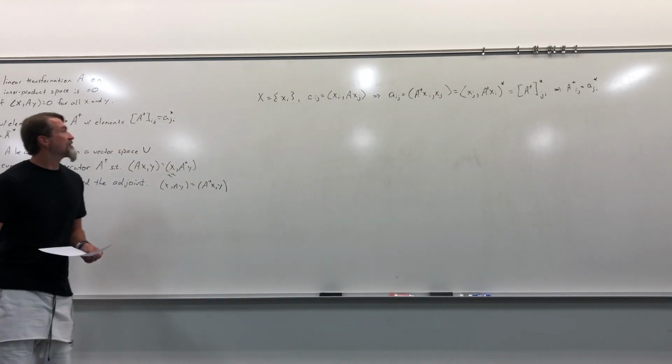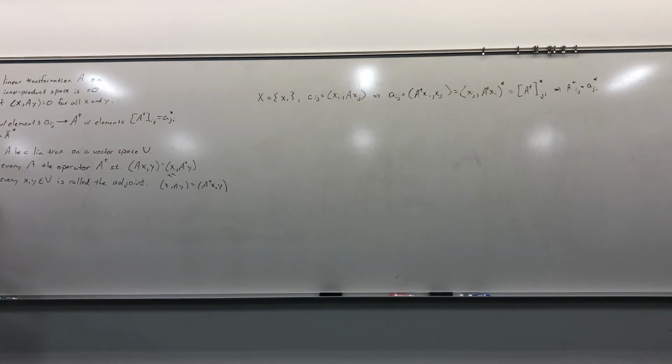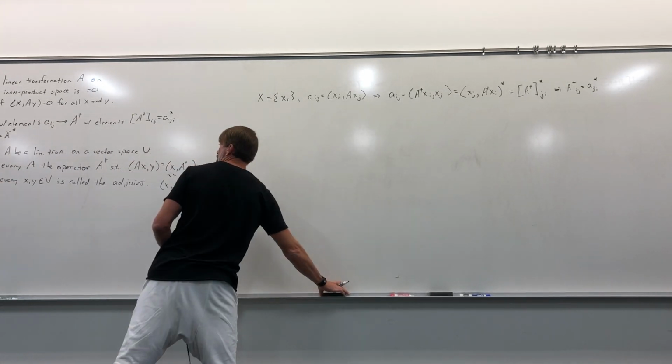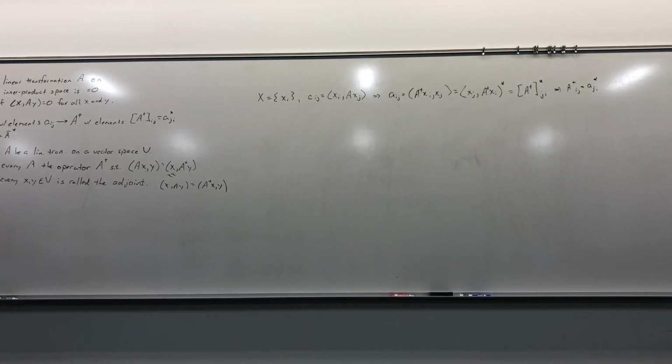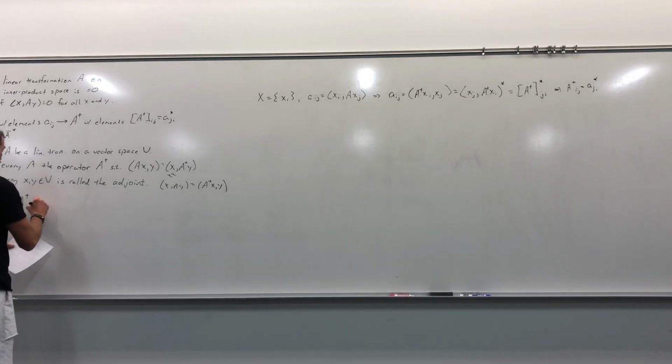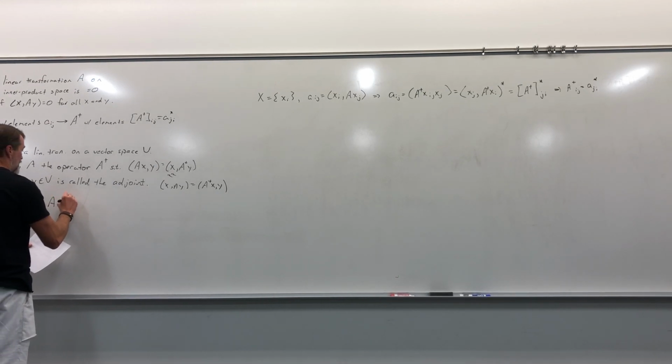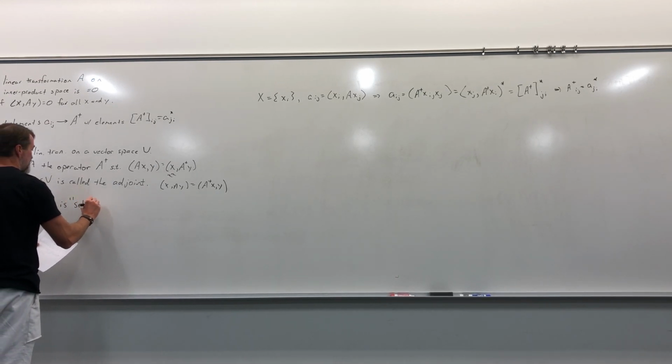Now, with the definition of an adjoint in hand, this abstract definition and its matrix realization, we can specify a special class of linear operators. So if A equals the adjoint of A, then A is self-adjoint.